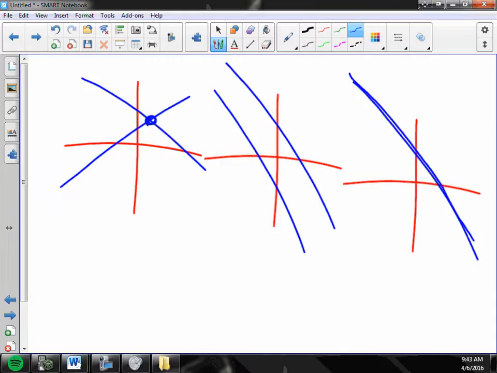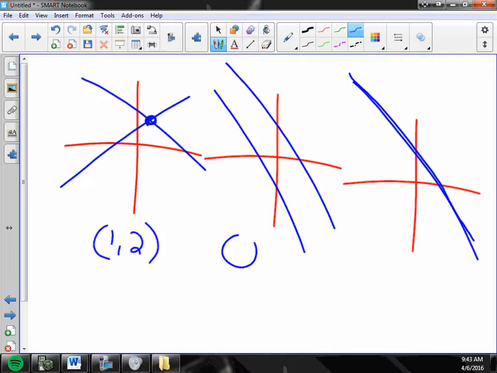Now there's a little bit of a discrepancy here. How many solutions does that last one have? An infinite number. Does that mean every point is a solution? No. The solutions are on the line. The line itself is the solution. So we would say the solution here is 1, 2. That has a single solution.